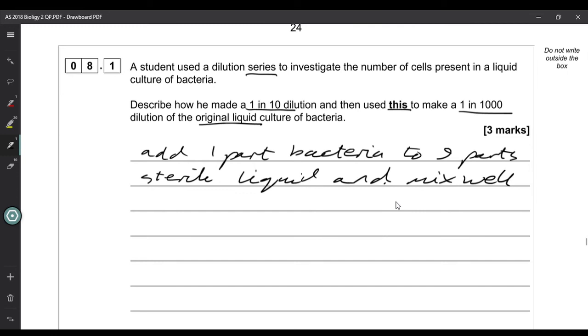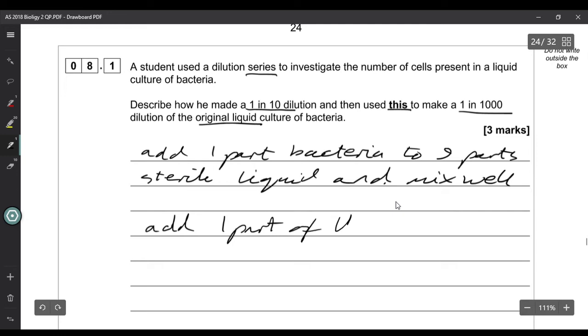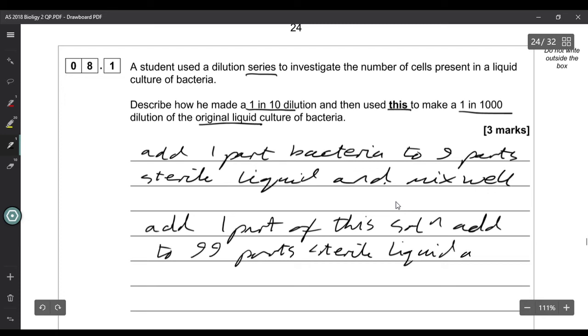Or we could add 1 part of this solution to 99 parts sterile liquid and mix well to get a final 1 in 1,000 dilution.